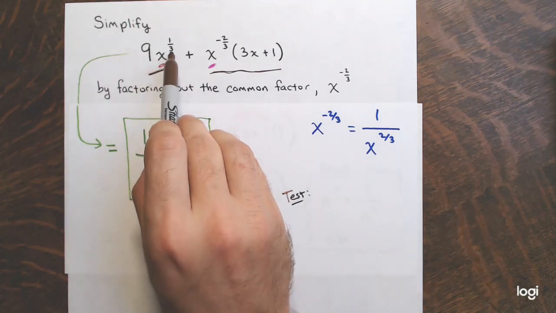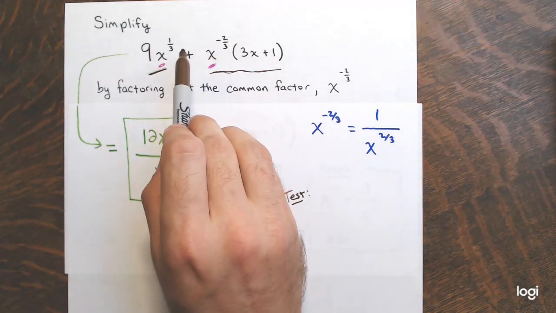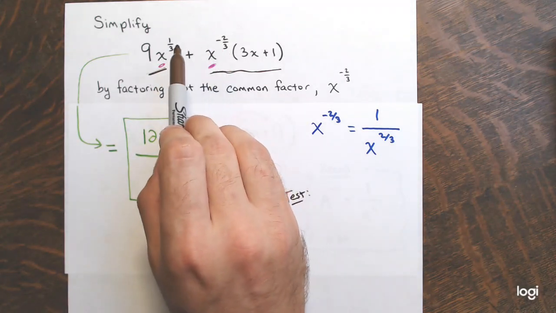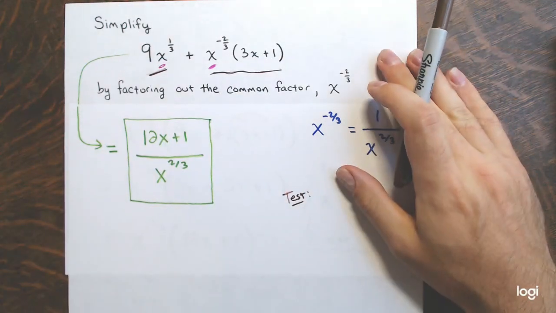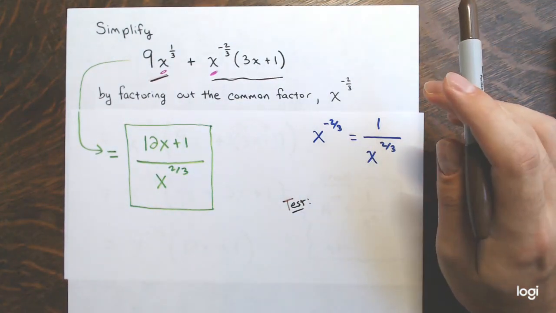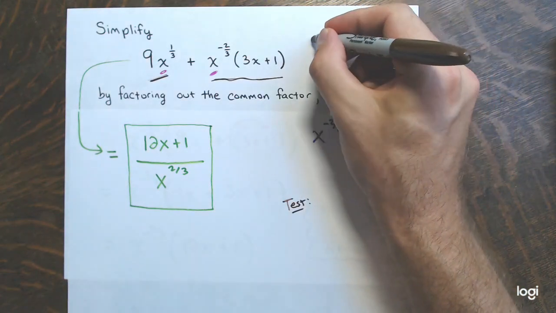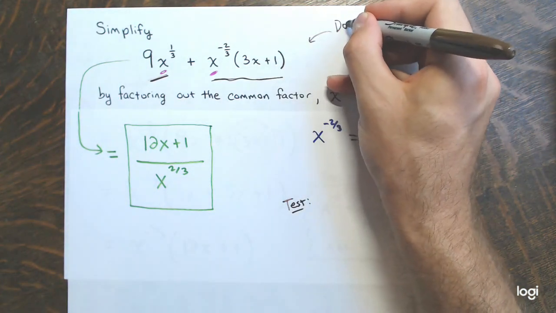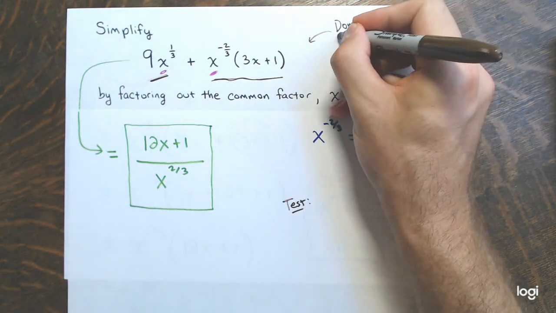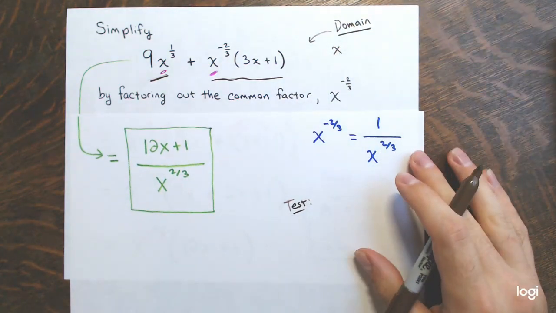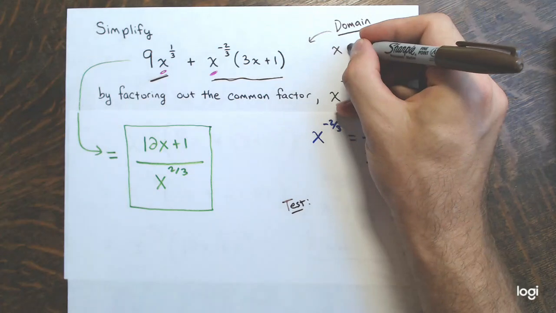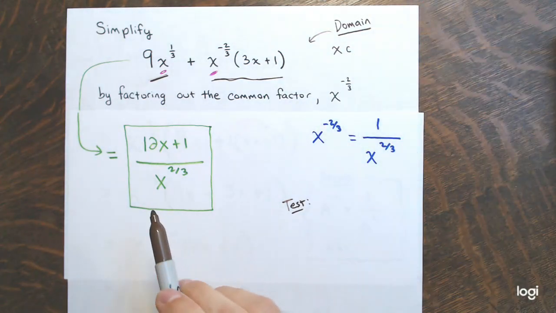Here though, both of the denominators in my powers are odd. And remember from previous videos, you can take an odd root of any number. So I'll mention that here. So the domain for this expression, I'll just say x can be anything. You can plug in any real number you want for x, except 0.